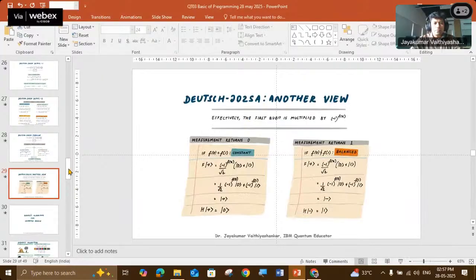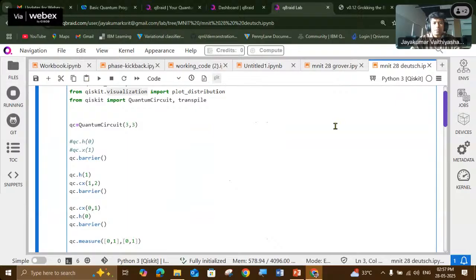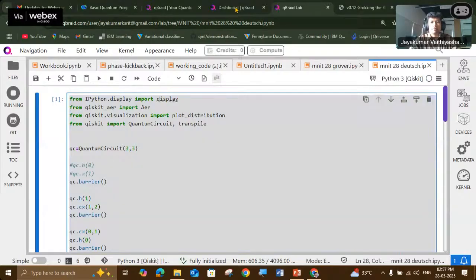What I do, I try to show the code of Deutsch-Jozsa. I'll copy this code and put it in the chat box.